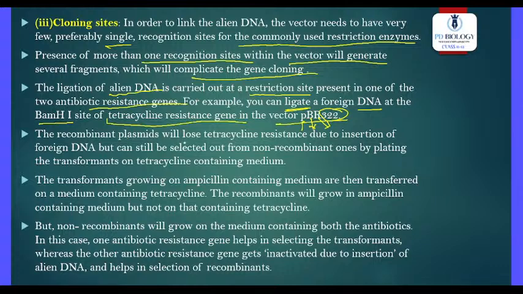The recombinant plasmid will lose tetracycline resistance due to the insertion of foreign DNA, but can still be selected out of the non-recombinant ones by plating the transformants on tetracycline containing medium.